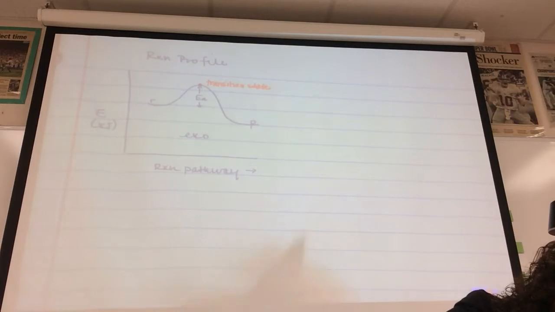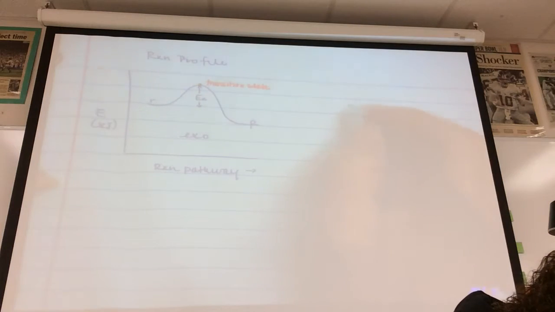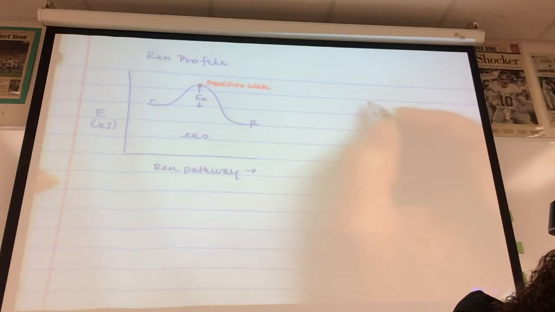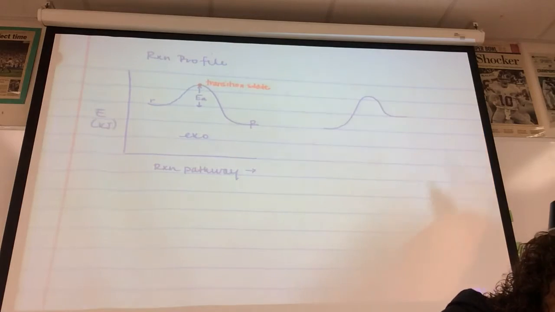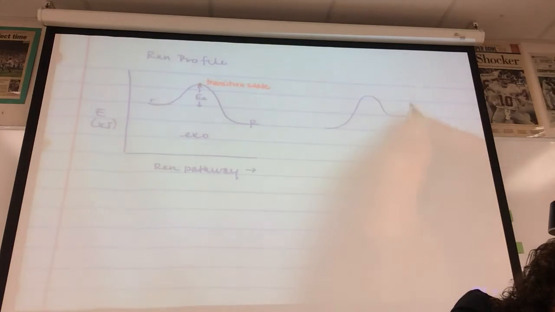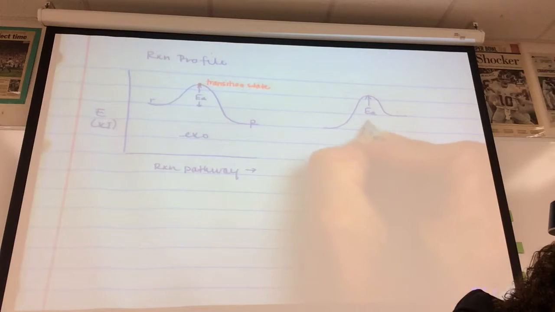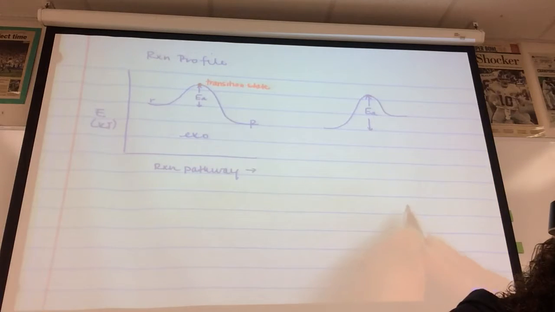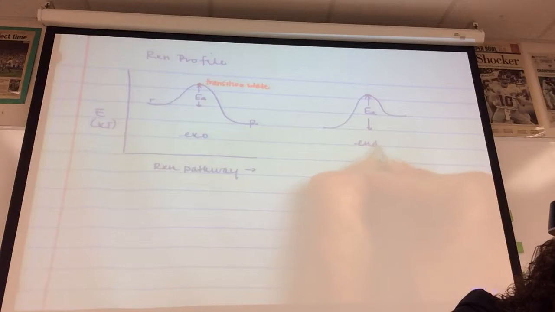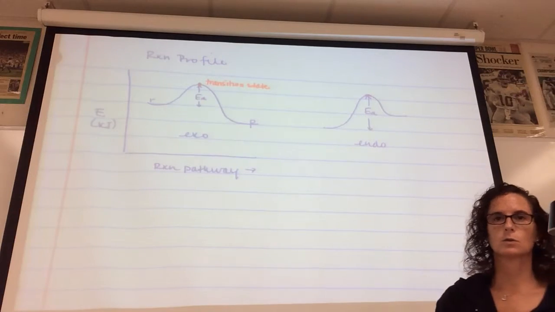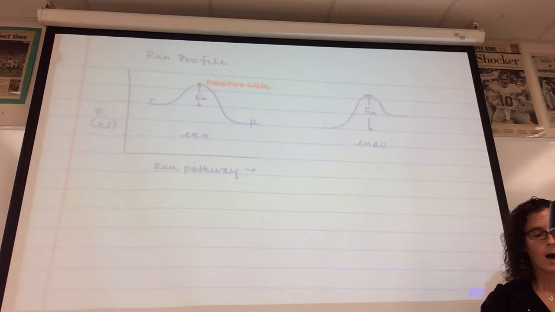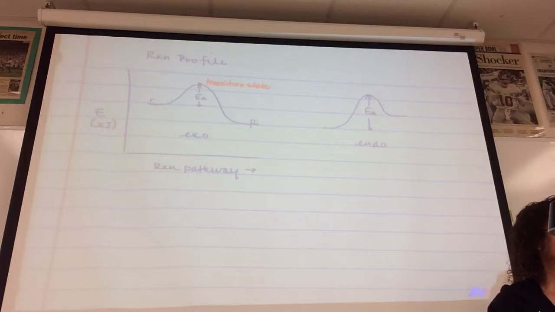So this would be exo, and something like this would be endo, where the energy of the products is greater than that of the reactants. And again, EA is from reactant to the tippy top there, where you'd have your transition state. So endo versus exo. And that just shows reactant to product. We're going to get into this much more with the steps along the way.